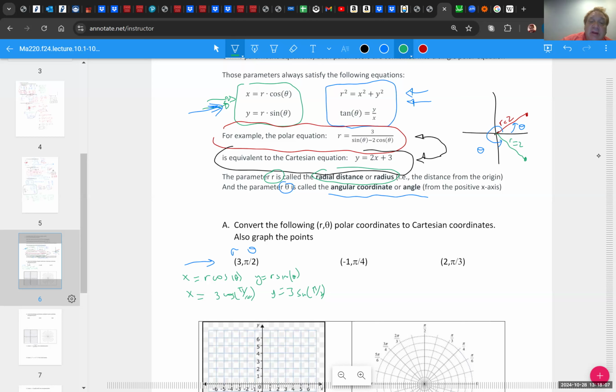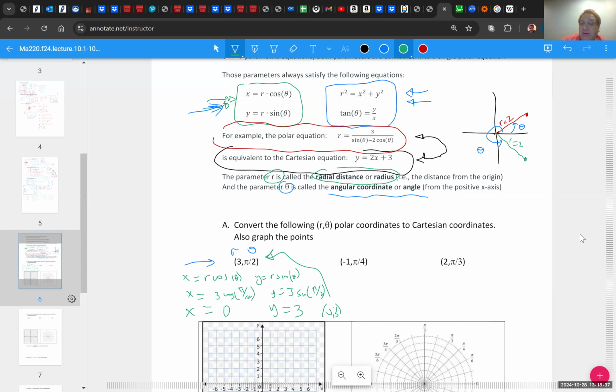It's so much easier if you know that the cosine of pi over 2 is 0 instead of having to look it up or use your calculator every single time. So x is 3 times 0, or just 0. And sine of pi over 2 is 1, so y equals 3 times 1, which is 3. So we know the point is 0 comma 3. I'm not sure where to put it, maybe over here, but 0 comma 3 would be the x, y coordinates that match with 3 comma pi over 2.